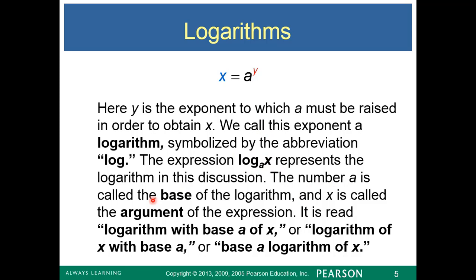Okay? The number a is called the base, like I just said, of the logarithm. x is called the argument, right? This is a log function, so x is the argument of the expression, and it is read logarithm with base a of x, or logarithm of x with base a, or base a logarithm of x, however you want to say it.